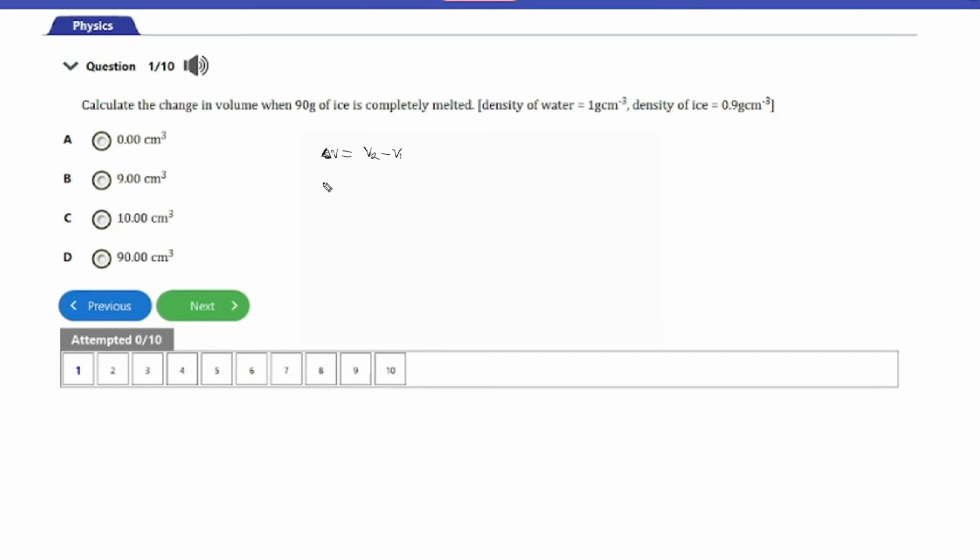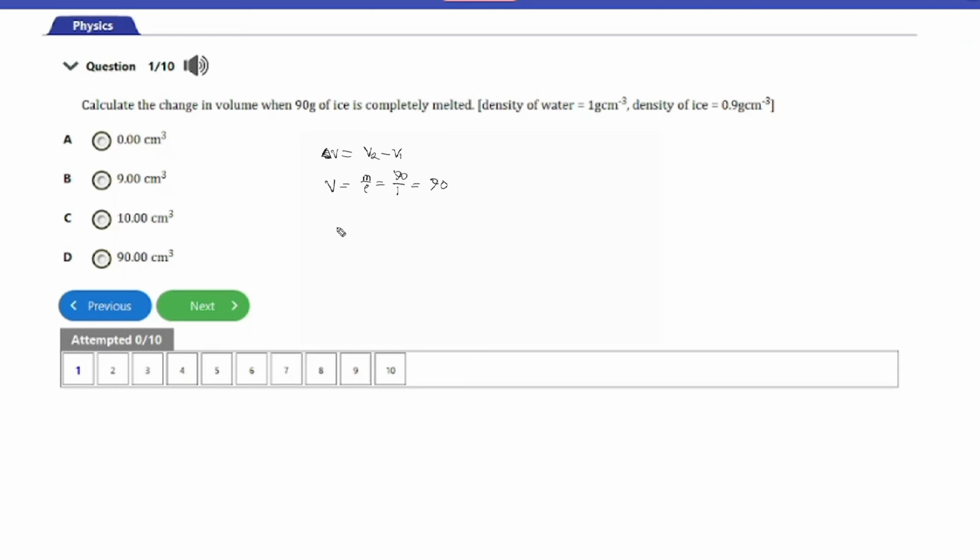So let's go ahead here. For the volume of water, volume is equal to mass over density, since density is mass over volume. So 90 gram over 1 gram per cm cube will be 90 cm cube.